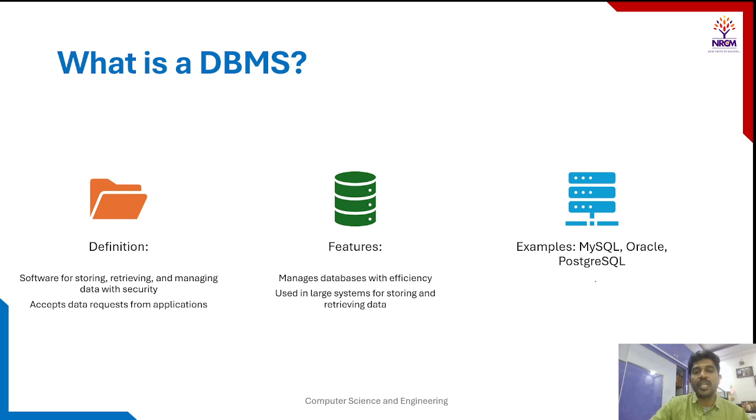And coming to the DBMS. The DBMS is not as simple as our file system. It is separate software. The main purpose of the software, looking at its functionalities, is storing, retrieving and managing the data. And the main point you have to observe is security. Please note this point.